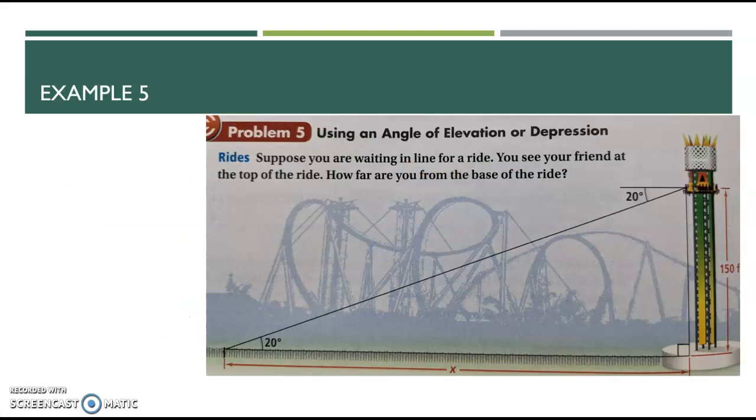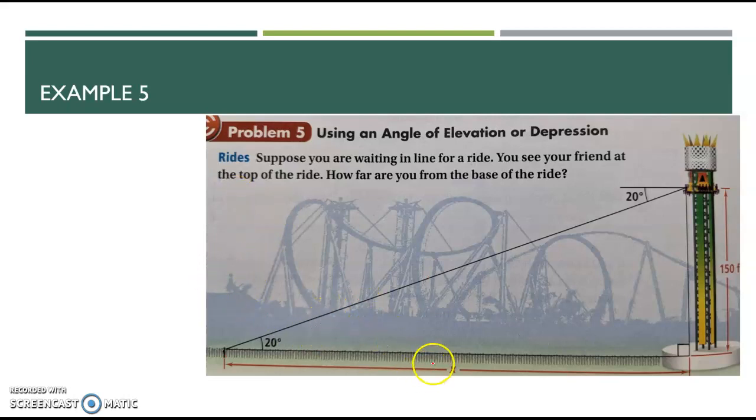That means when we get to a word problem like this one, and we're given the fact that from this horizontal down is a 20 degree angle of depression, if we're looking at it from down here, as the person in line, that is a 20 degree angle of elevation. So it's just your perspective and the way that you're looking at it.